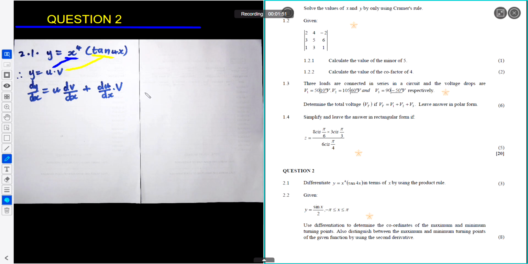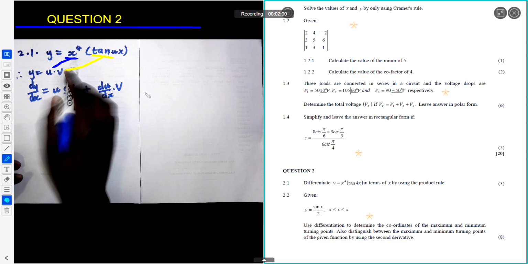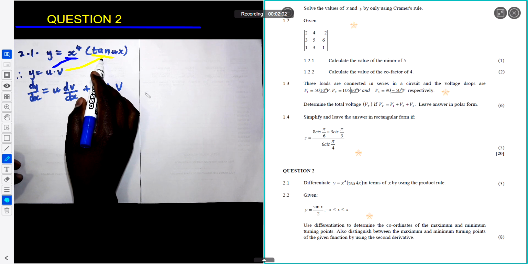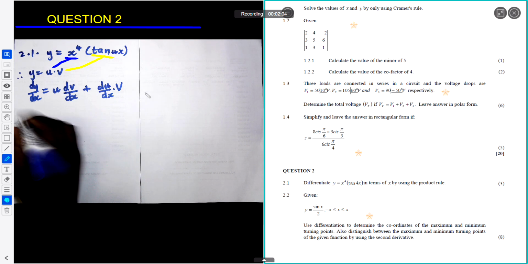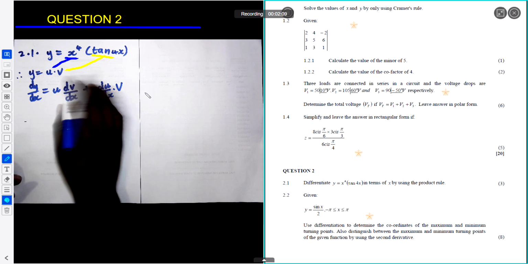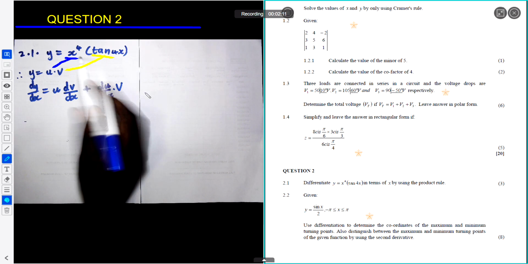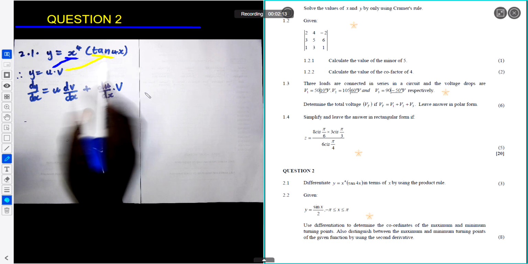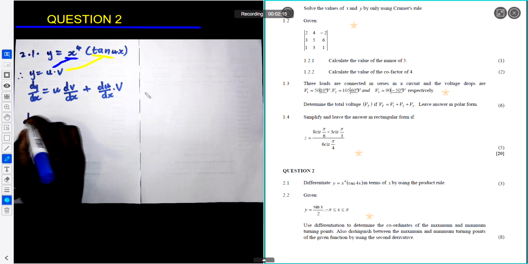When you are derivating, the first function is u, which is 2x to the power 4, and tan 4x is v. But first of all, we need to check if the function is fully simplified. We are given a function which is simplified, so we can differentiate it in terms of x.